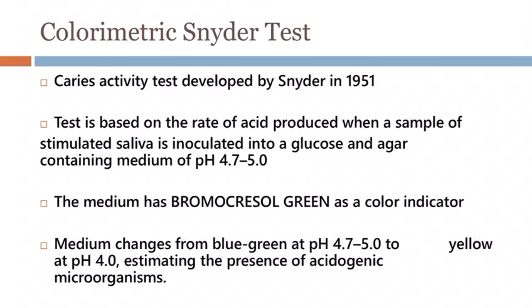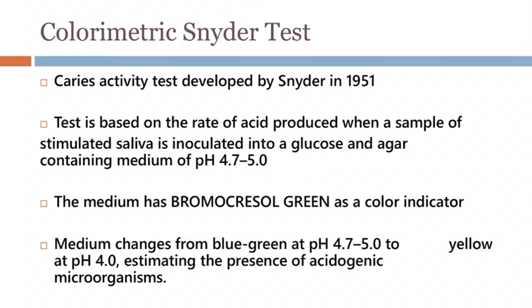Colorimetric Snyder test. This is a colorimetric based caries activity test developed by Snyder in 1951. The test is based on the rate of acid produced when a sample of stimulated saliva is inoculated into a glucose and agar containing medium of pH between 4.7 and 5. A color indicator medium using bromocresol green is usually used.